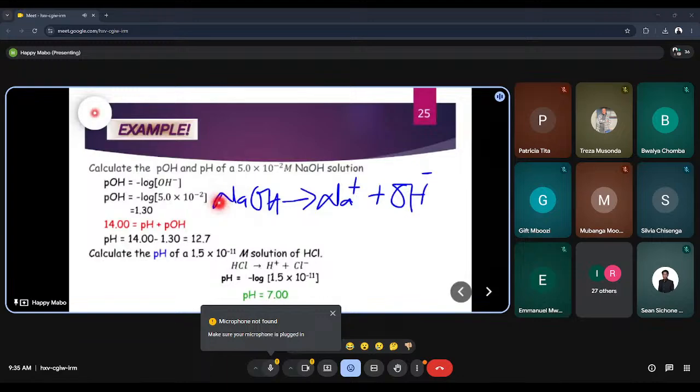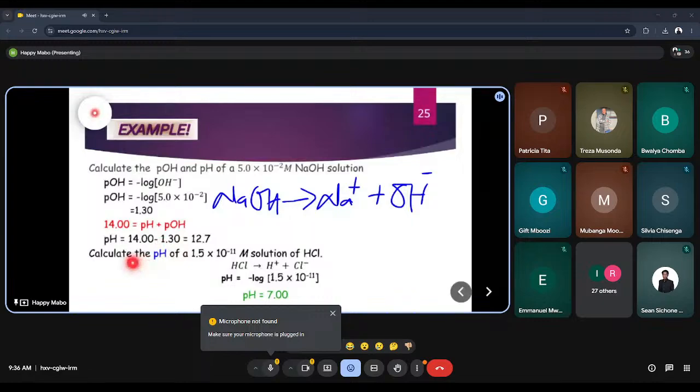We said any solution whose pH falls between 0 and 3.5 should be regarded as a very strong acid. And this value, 1.30, is indicative of the pH of a strong acid. So this is a contradiction to what you would expect the pH of a very strong base, sodium hydroxide, to be. So remember all these concepts that we are talking about here and be able to use them correctly.